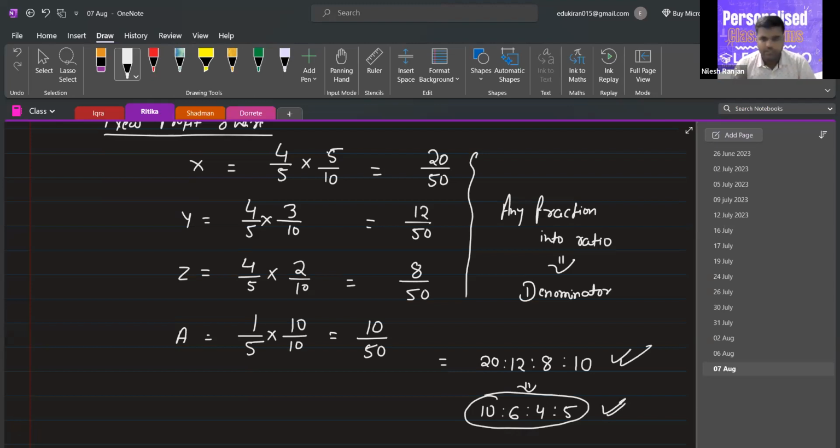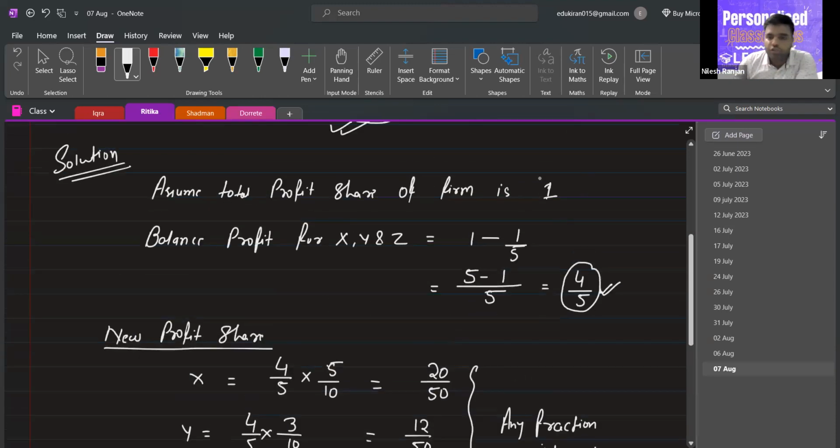Is this clear to you, what are the steps we have to do? First of all, we will assume the total profit share is 1, because we always assume it as 1 or 100%. Now from that 1, we are removing the profit share of A. And then we are getting the balanced profit share for X, Y, and Z. So it is 4 by 5.